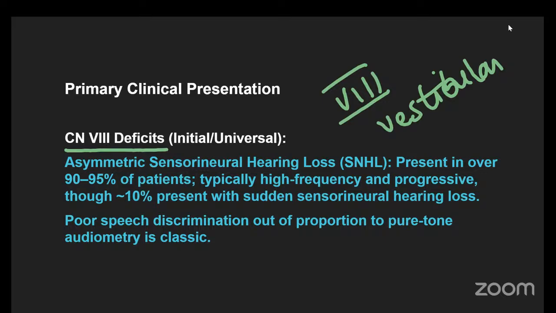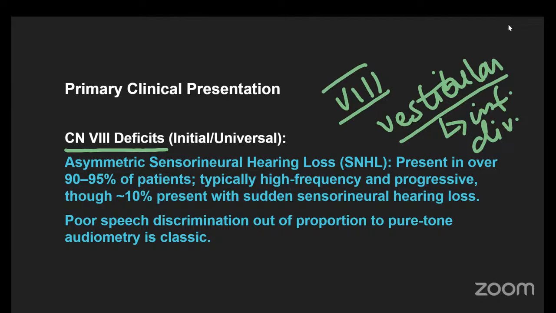This arises from the vestibular component and especially the inferior division. Sometimes this is asked. This is trivia you should remember. It arises from the inferior division of the vestibular nerve.